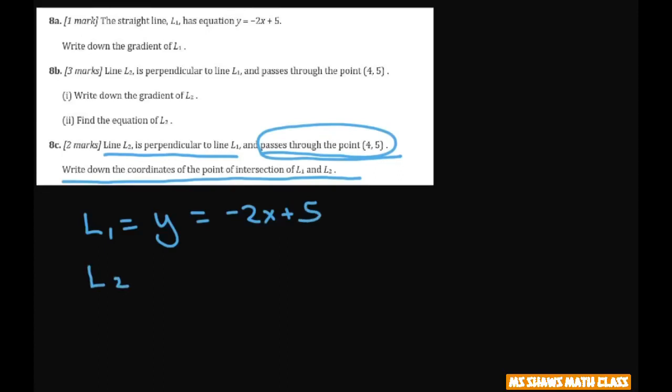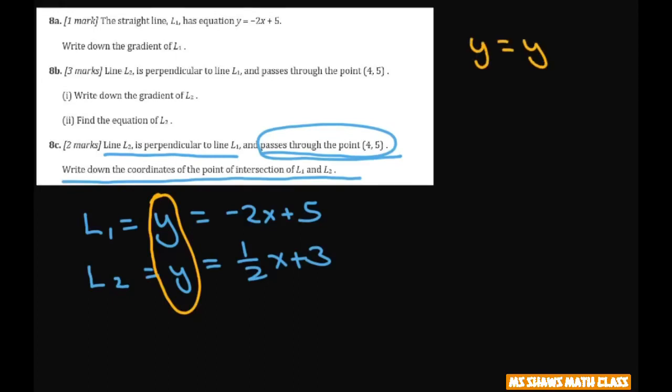Line 2 is y equals 1/2 x plus 3. So merely we can just set them equal to each other to find the point of intersection, because we have 2 y's here. So let's set y equals y. So we'll do -2x plus 5 equals 1/2 x plus 3.